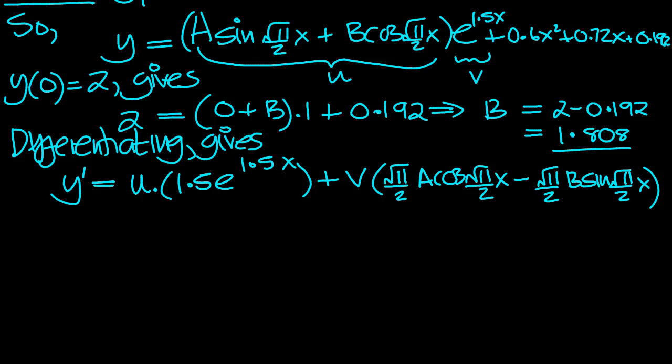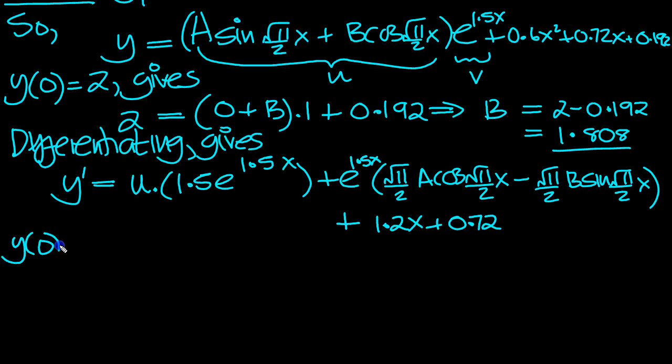So that v I'm going to put as the actual value, e to the 1.5x here. So it's u dv dx plus v du dx. That's this term differentiated. Now we can run along the row and differentiate this one. 2 times 0.6 is 1.2x. 0.72x differentiates to just 0.72.